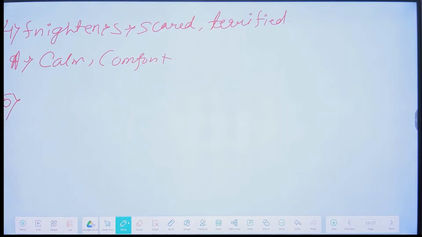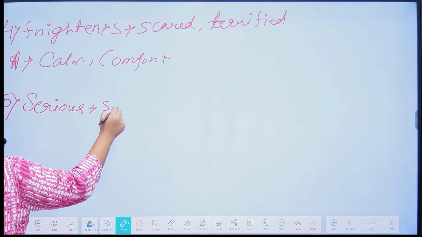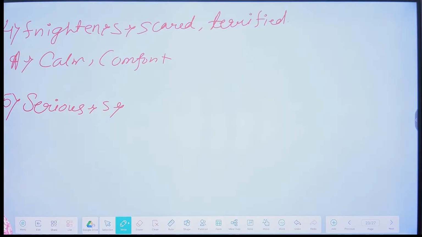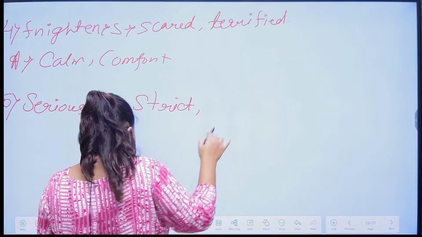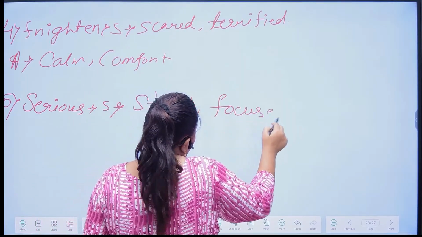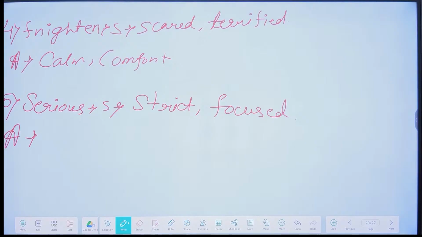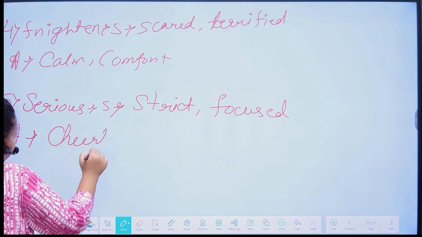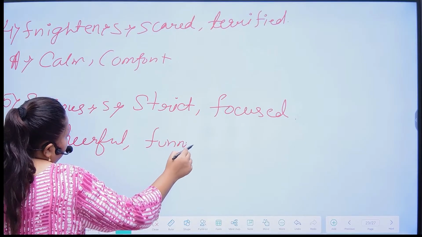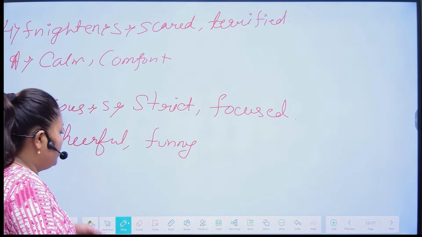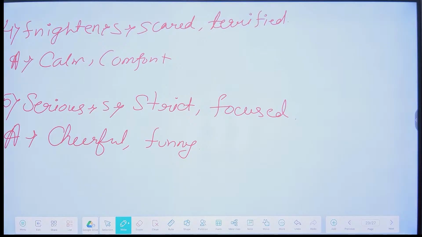Next word is serious, and the synonyms of serious are strict and focused. The antonyms of serious are cheerful and funny. So write down the synonyms and antonyms of these words in your copy, and read and learn them very carefully. Okay?